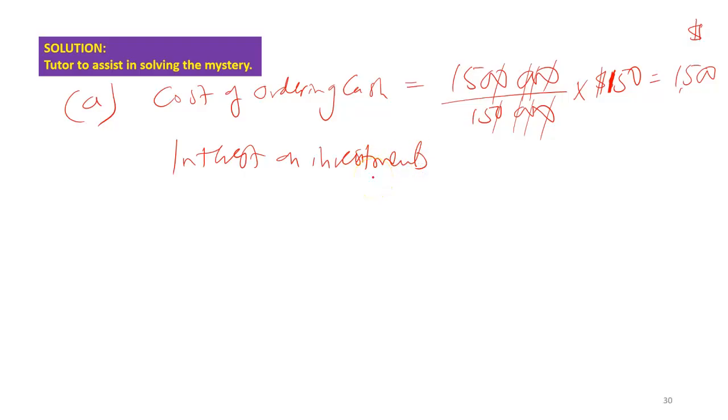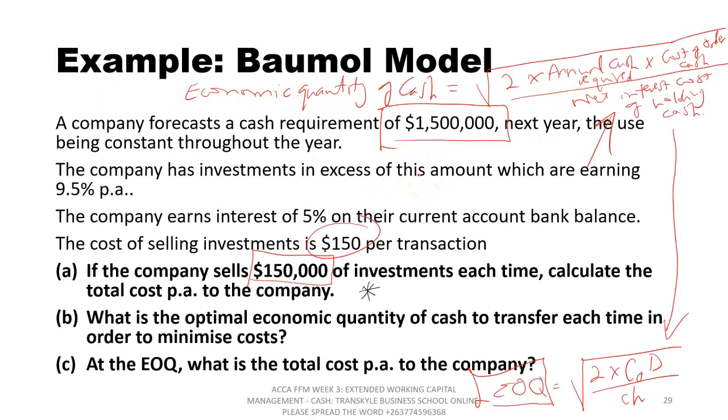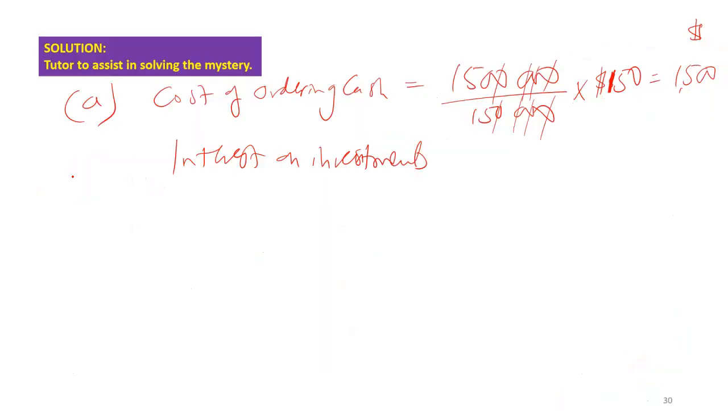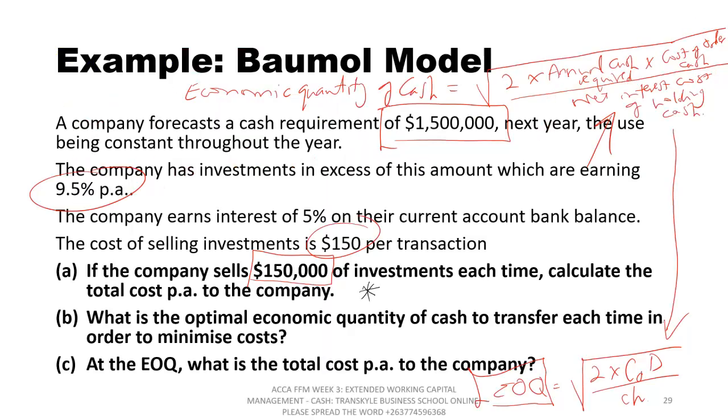These investments were earning an interest of about 9%, 9.5% per year. So if we are going to sell them, then we are going to incur what is called opportunity cost.